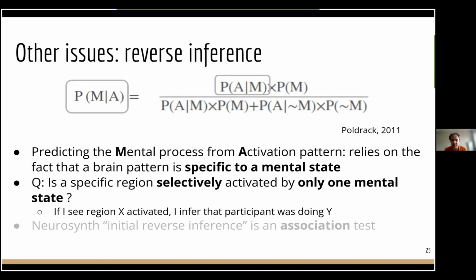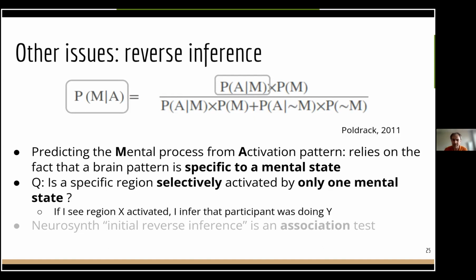And the question is whether there are regions that are selectively activated by only one mental state. If I see this region X, do I know that it is very likely that that participant was doing Y?